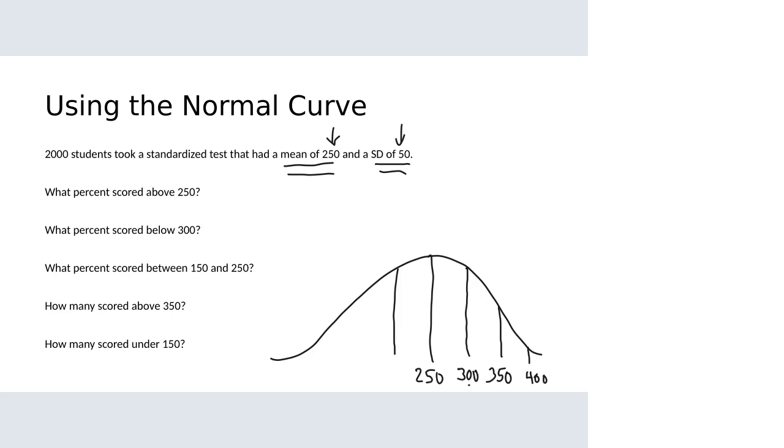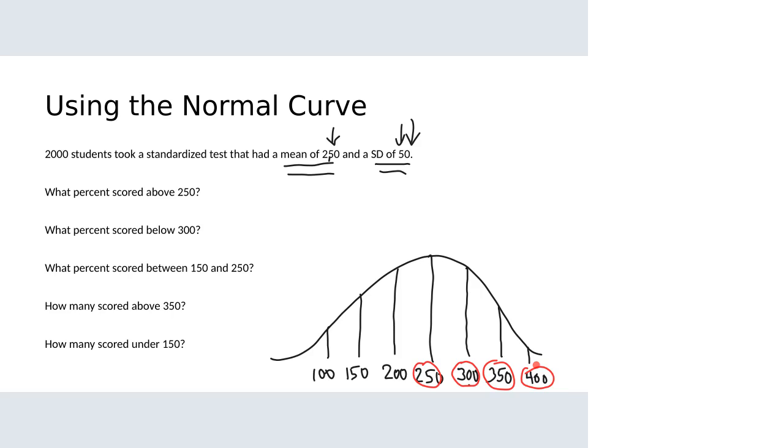Excellent, Ashley. Very good. And Arian, I'm confident you know too. It's going to be one of these below the mean. So 50 below the mean. So that's going to be 200. And then I'll go 50 more and be at 150, and 50 more and be at 100. So essentially what I've set up here is I've got my mean, and I've got 1 standard deviation above the mean, 2 standard deviations above the mean, 3 standard deviations above the mean.